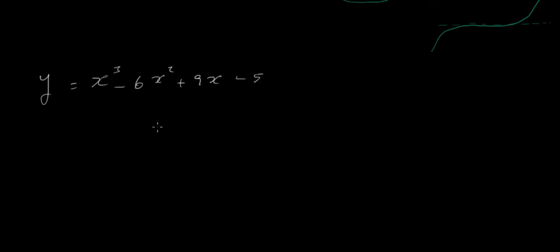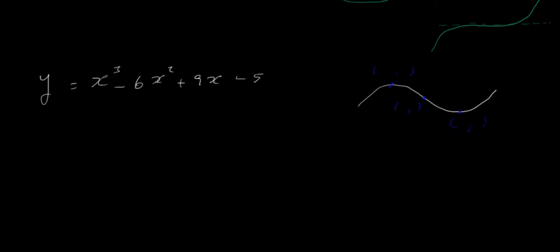Okay, so we're going to have a look at this function. It's a cubic function, so it'll look something like that. And we're going to try and find 3 points. We're going to look for our local maximum, our local minimum, and our point of inflection. So we're going to find x and y here, x and y here, and x and y here.